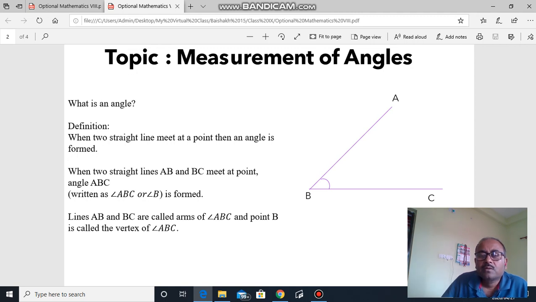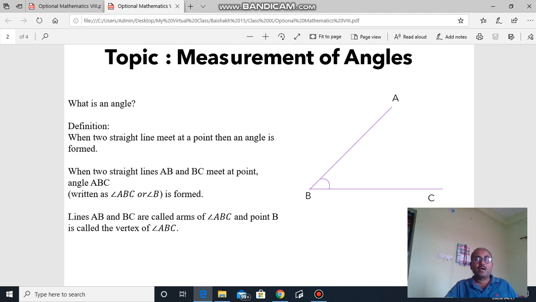It is generally named with the help of three capital letters. You see here in this picture there is point A, point B and point C. So AB is a straight line, BC is another straight line. So see this paragraph. When two straight lines AB and BC meet at point B, then angle ABC is formed.